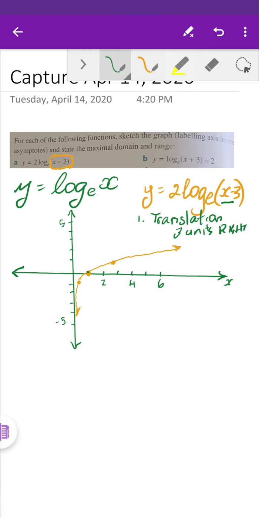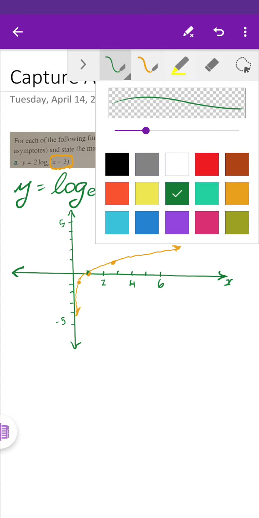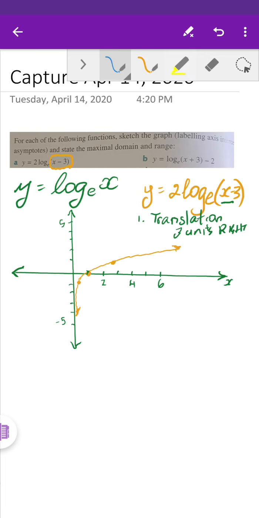So we're going to go across 3 units. Let's choose a different color. Let's choose, say, blue, and cross 1, 2, 3 units to the right. Each point moves 3 units to the right.